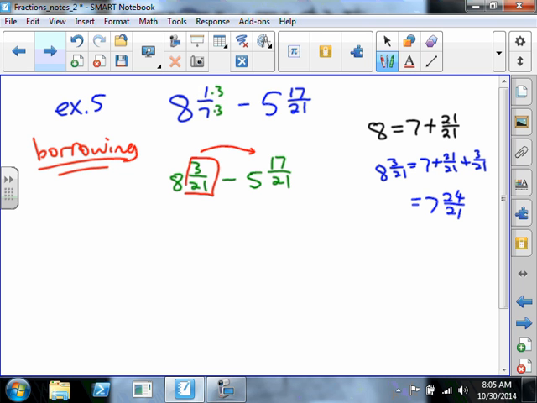This is called borrowing. When we do that, then we're going to be able to subtract the wholes from the wholes and the fractions from the fractions, and life is good. What's 7 minus 5? 7 minus 5 gives us 2, and 24/21 minus 17/21 gives us a total of how many 21sts?